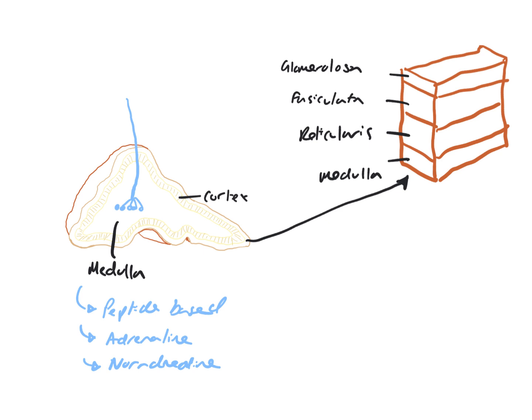So if we just touch base briefly upon what these hormones do, if we take our adrenaline to start with, this particular hormone is going to be responsible for increasing heart rate, and it's also going to play a key role with regards to metabolism, as it's going to increase the blood glucose levels.